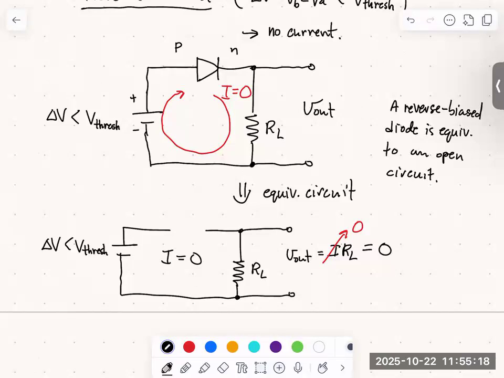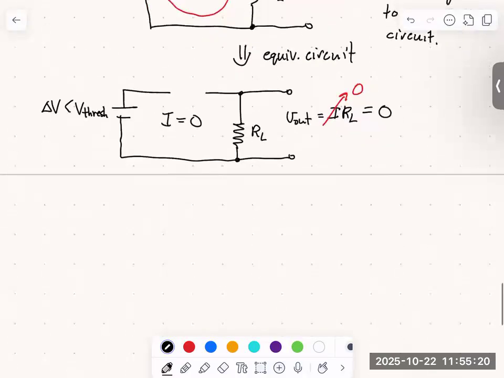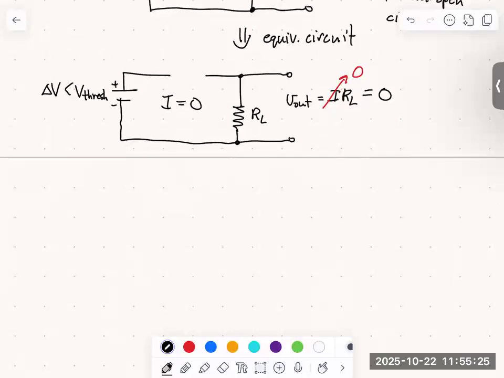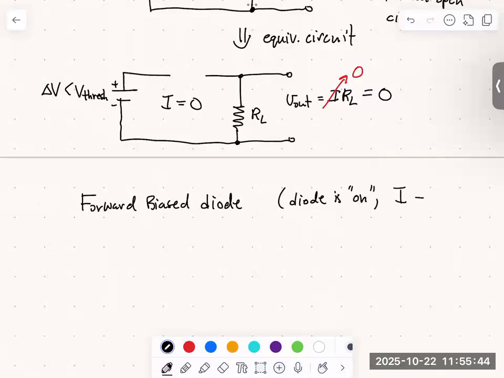Okay, so let's consider the other case. What happens if we make our battery have a voltage greater than this threshold voltage? We're going to call that the forward biased case. So, forward biased diode. The diode is on and our current is not equal to 0, is what we're going to expect.